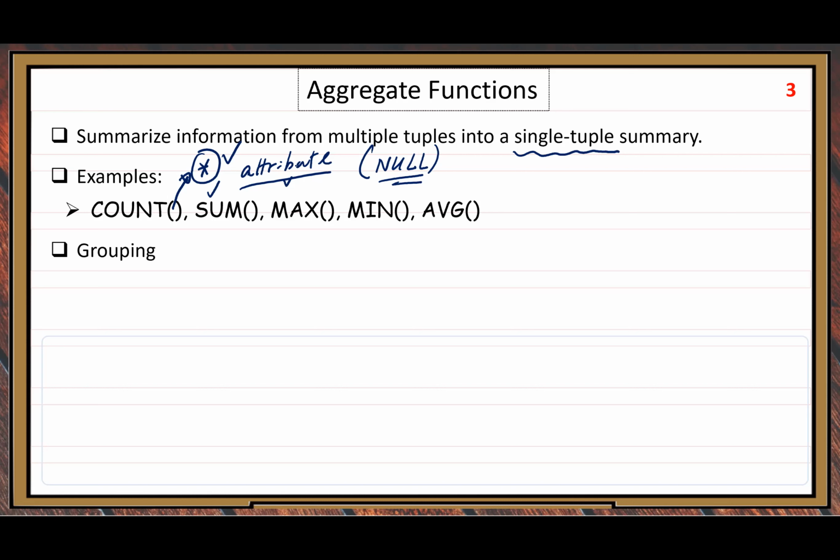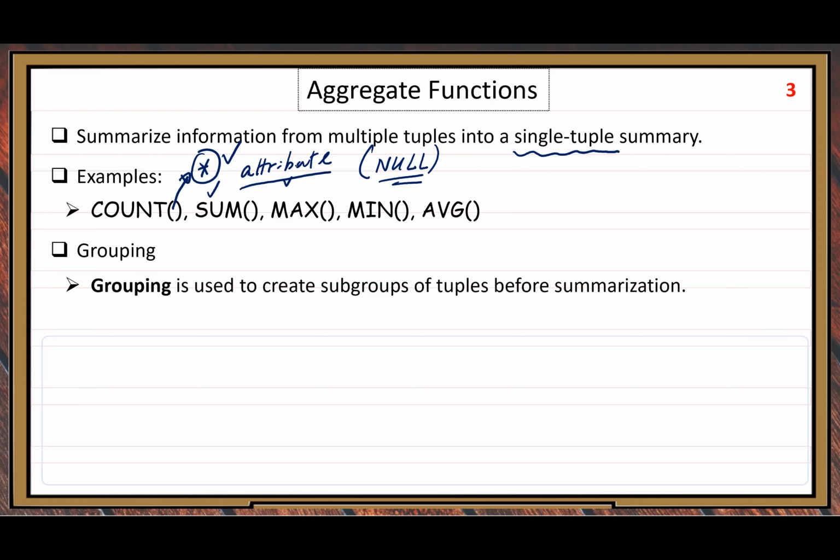First, let's look at the definition. Grouping is used to create subgroups of tuples before summarization.